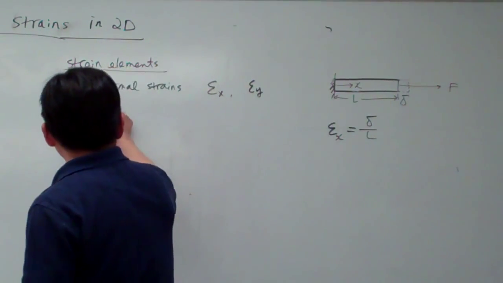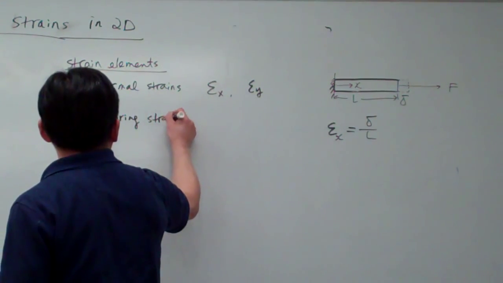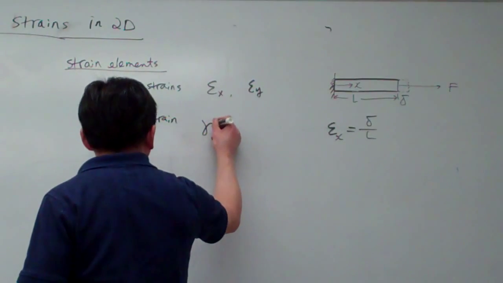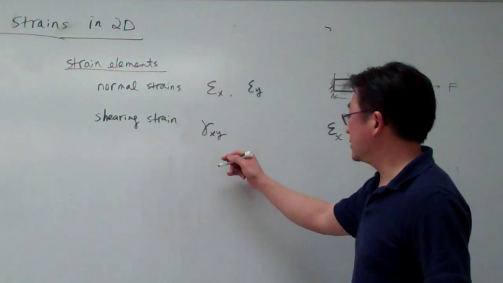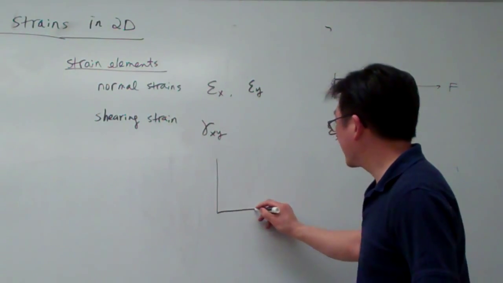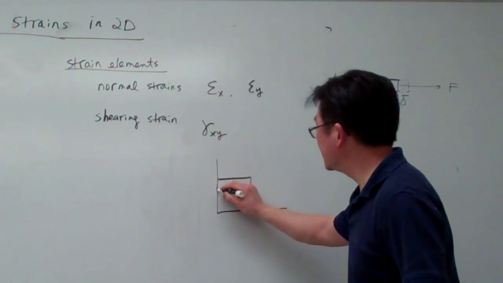And we have the shear strain. Usually in engineering we use gamma xy. The definition is this. This represents the undeformed element.